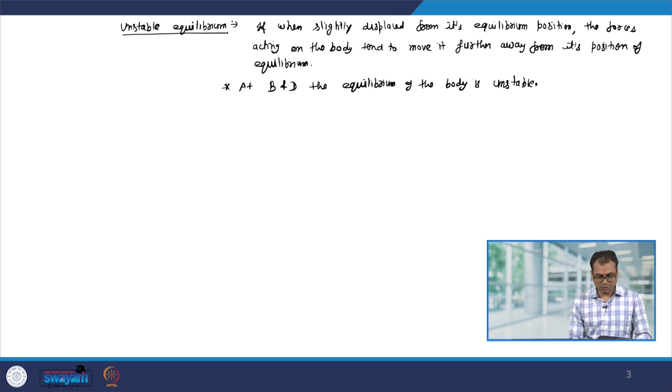Now, we can also have a neutral equilibrium. Okay.